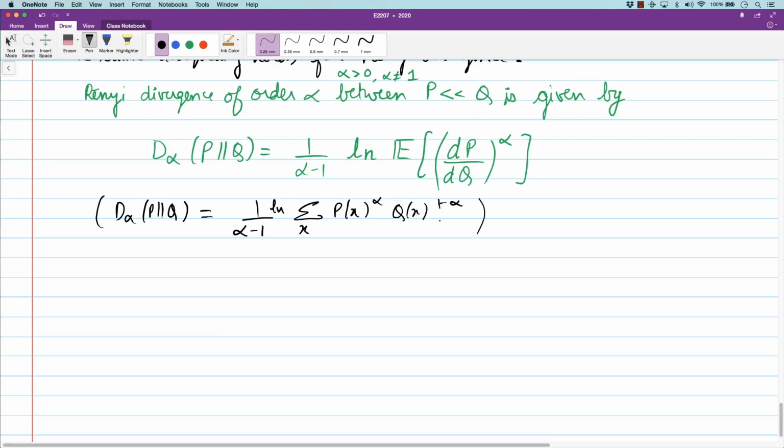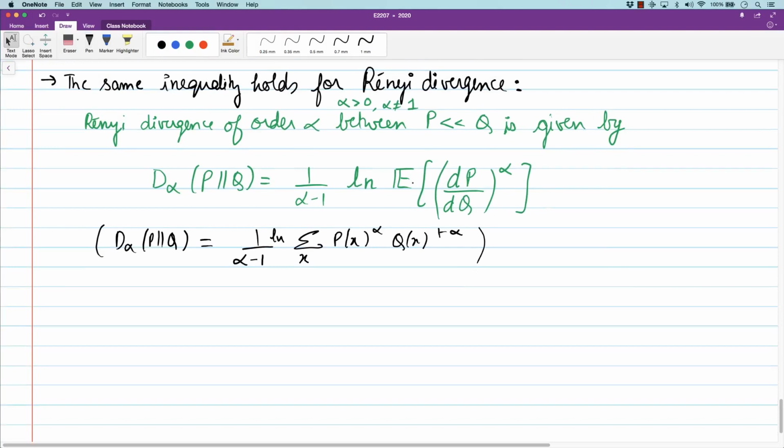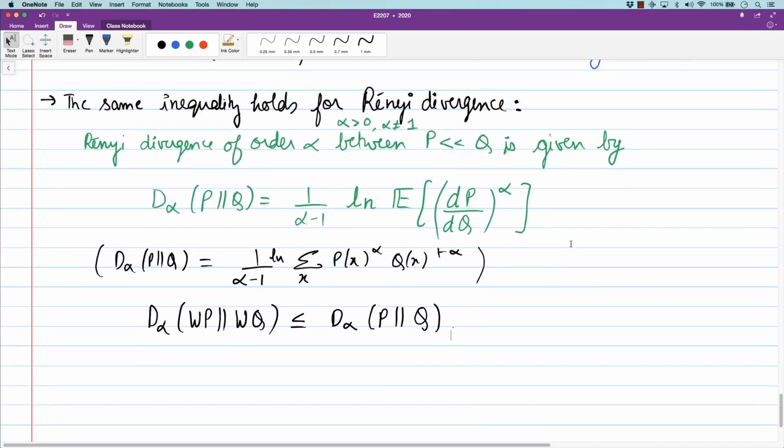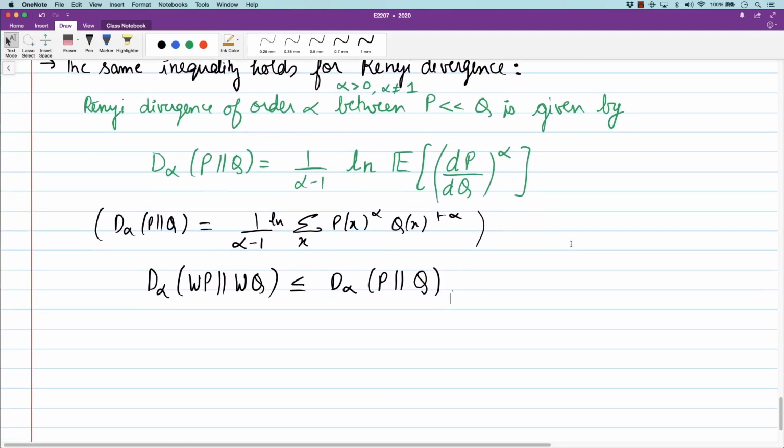You may have seen this form, but this is Rényi divergence. Just like Kullback-Leibler divergence, you can show, this is not a difficult proof, that Rényi divergence also satisfies the data processing inequality. So D_alpha(WP||WQ) is less than or equal to D_alpha(P||Q). This is also true.